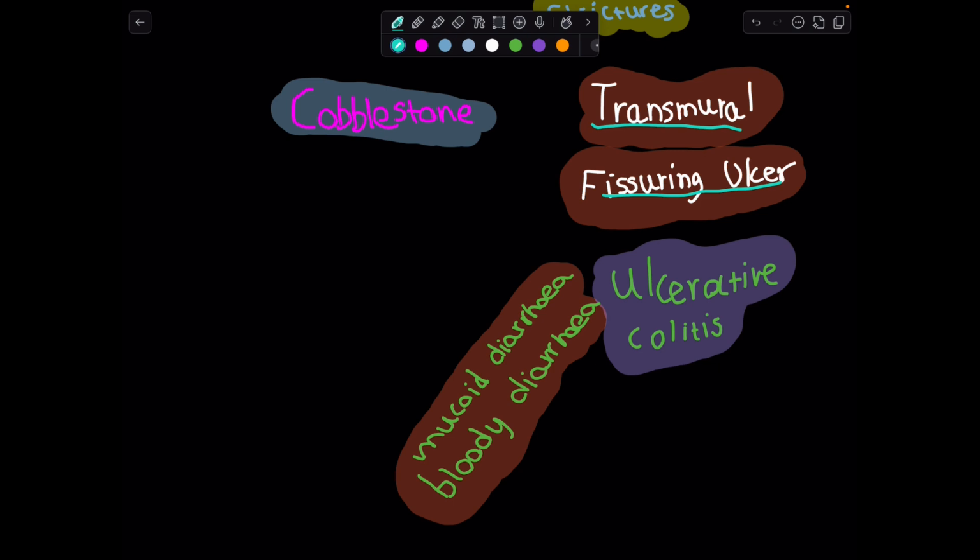Crypts become irregular, branched, shortened, or dilated due to chronic inflammation and immune cell infiltration. You also see crypt abscesses, pus in crypts, goblet cell depletion, less mucus, and mucosal erosion. These changes reflect ongoing damage and repair attempts. Clear? Want more on UC complications or treatment?